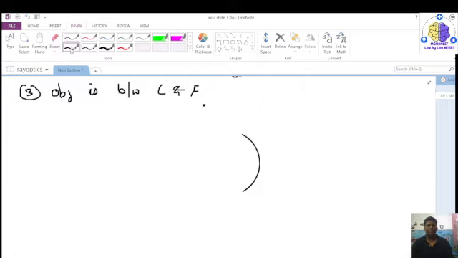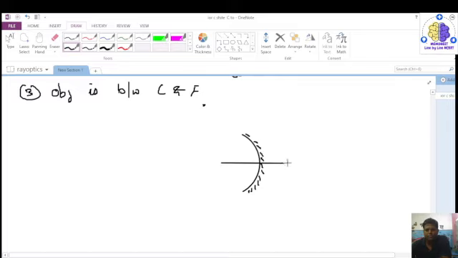right? This is the concave mirror. Let me draw the mirror. This is the center of curvature somewhere here. So if we draw the principal axis, this would be the principal axis.